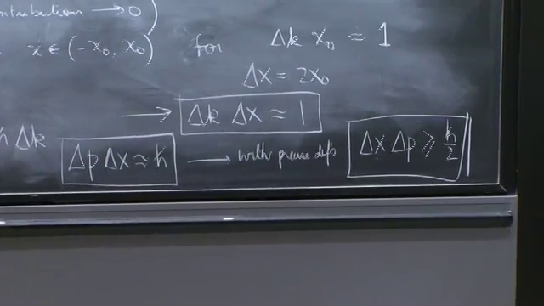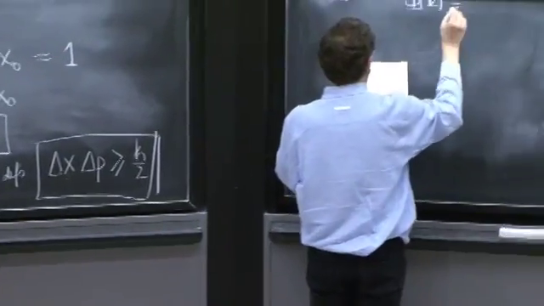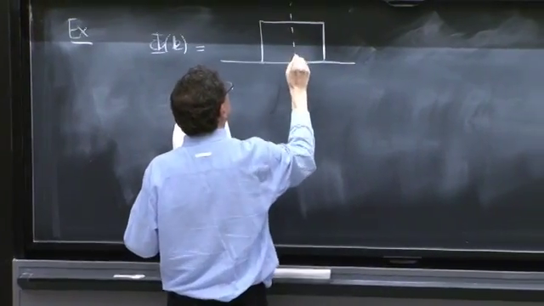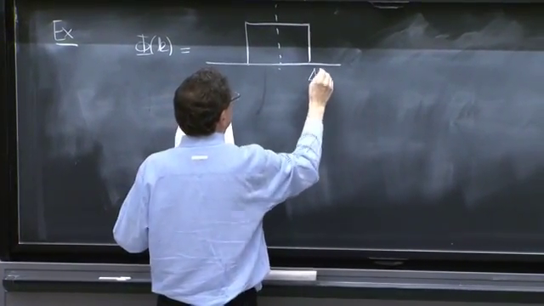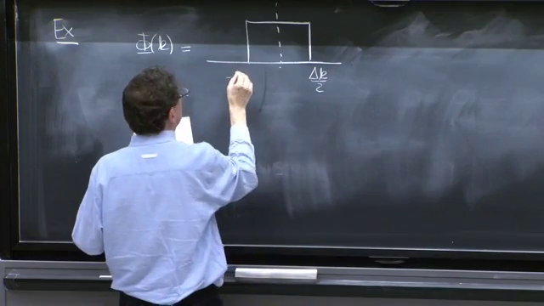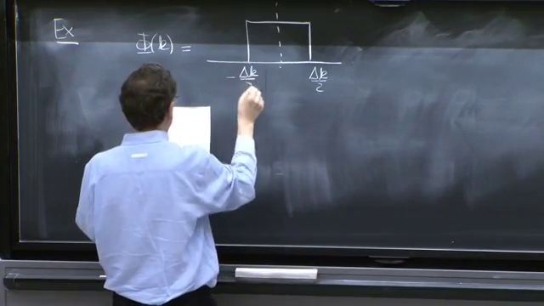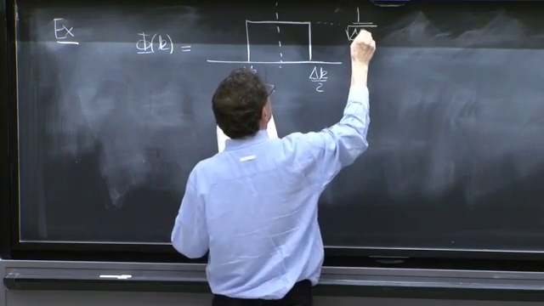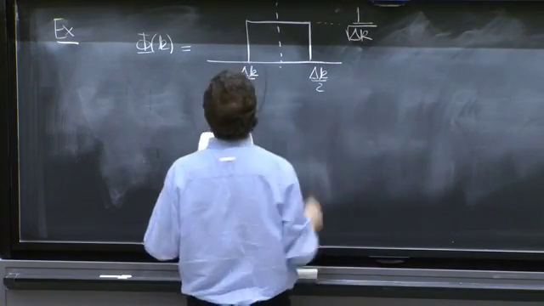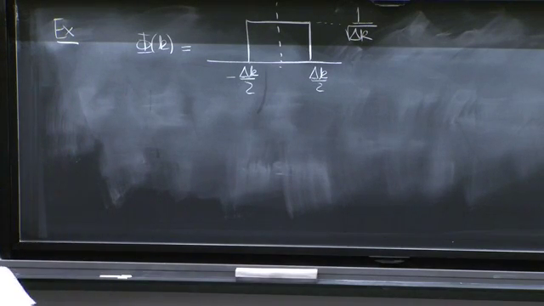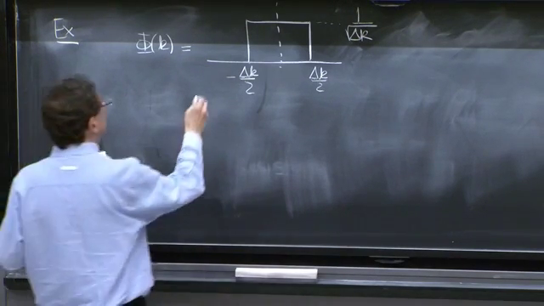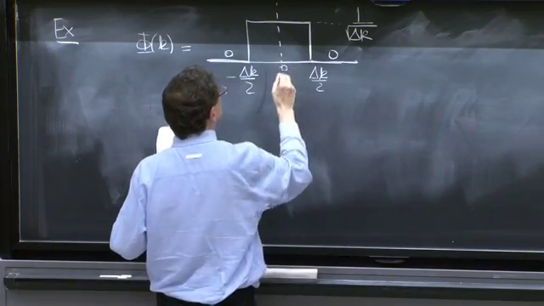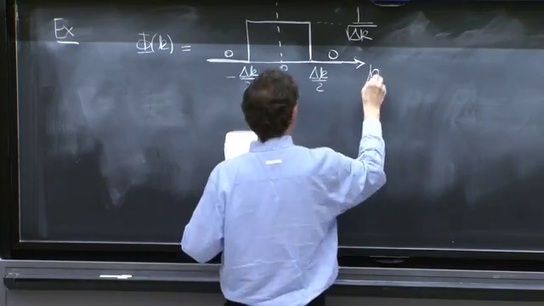You have a phi of k of the form of a step that goes from minus delta k over 2 to delta k over 2, and height 1 over square root of delta k. That's phi of k. It's 0 otherwise. 0 here, 0 there. Here is a function of k.